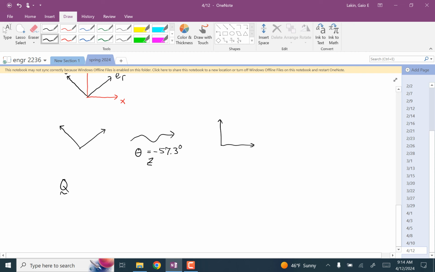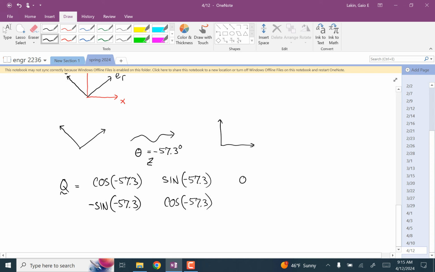So the rotation matrix is cosine of negative 57.3, sine of negative 57.3, 0, negative sine of negative 57.3, cosine of negative 57.3, 0, 0, 0, 1.